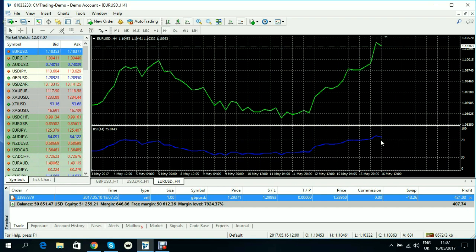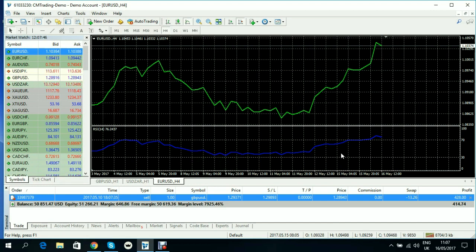That is, if you really want to confirm whether the trend will continue buying or will continue selling, that is when the trend moves above 50, then a continuation of a buy trend is possible, and when it moves below 50, then a continuation of a sell trend is possible.